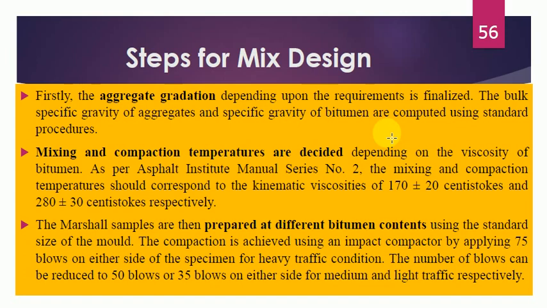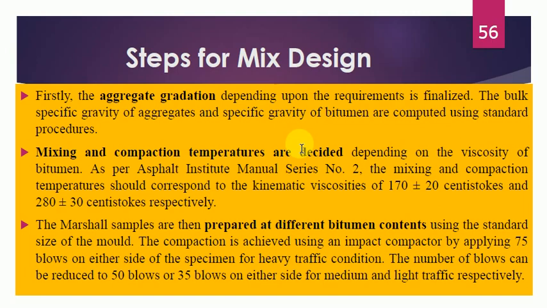So after the selection of aggregate, next is the mixing and compaction temperature. Basically the mixing and compaction temperature can be selected from the chart provided by the IRC code, that is based on the VG grade. But the other procedure is how to determine the range of that mixing and compaction temperature.